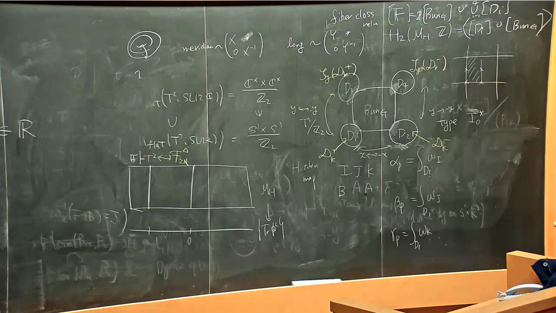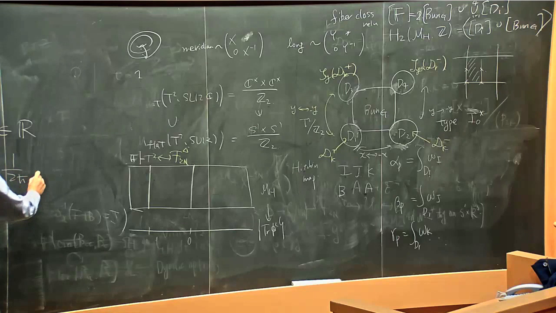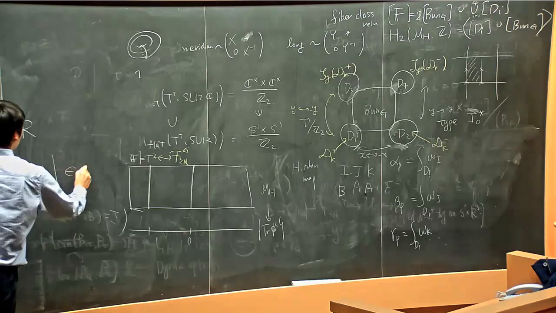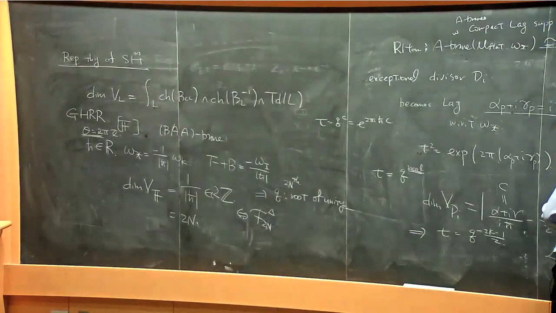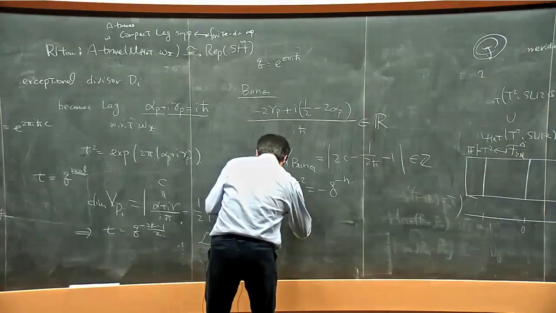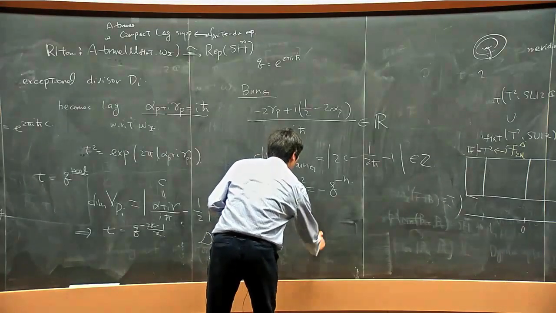And if you compute the dimension of B_n G, this will give you (2c minus 1)/(2 h bar) minus 1, which has to be integral. And this condition will give you t squared is equal to minus q to the minus n. So in this case, what you get is a finite dimensional representation of B_(n plus 1).